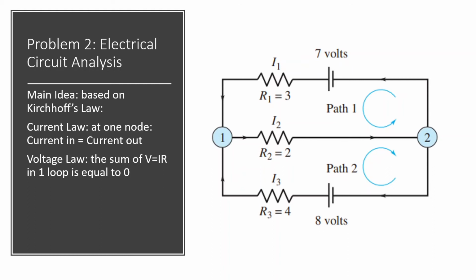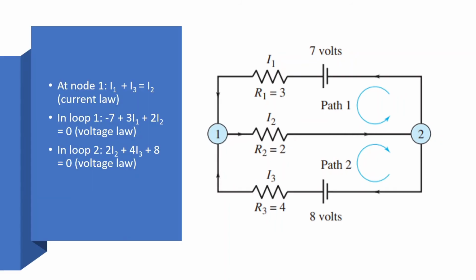And Kirchhoff's voltage law says the sum of V, equal to I times R, where V is the voltage, I is the current, and R is the resistance, in one loop is equal to 0. Here we can see at node 1, I1 plus I3, which is the flow in, is equal to I2, and this is the current law of Kirchhoff.